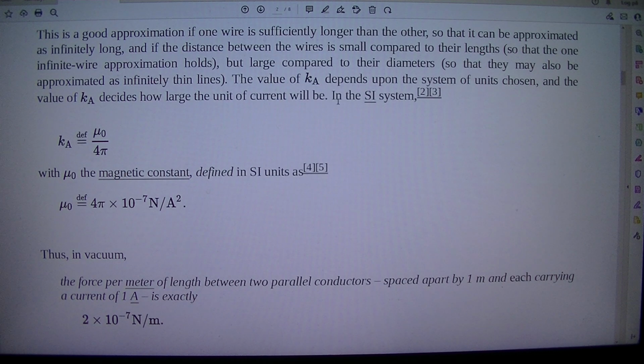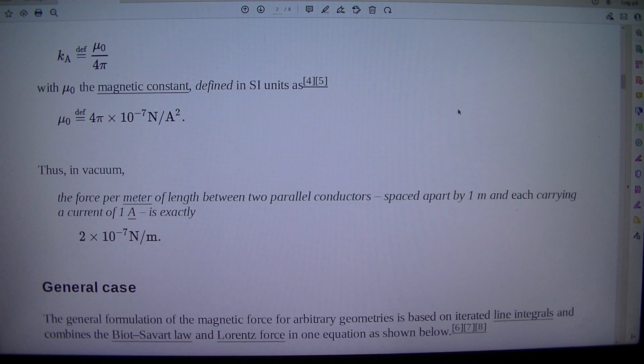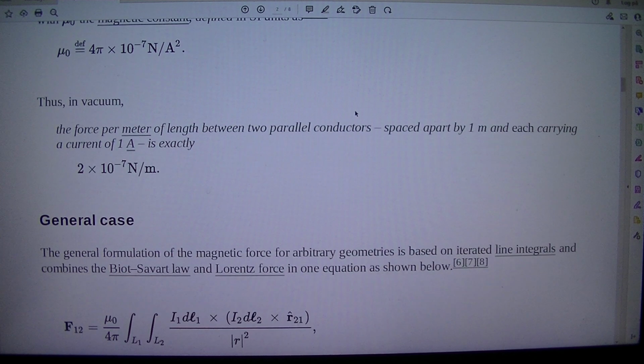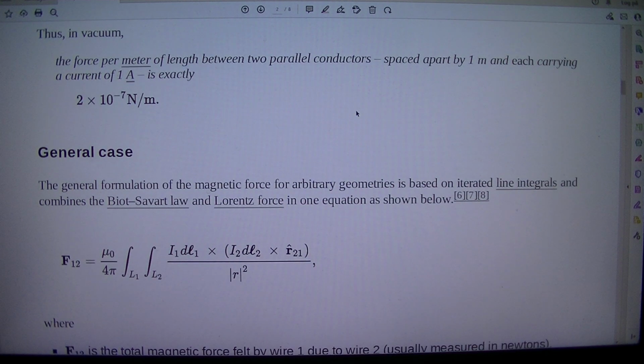The value of k_A depends upon the system of units chosen, and the value of k_A decides how large the unit of current will be. In the SI system, with the magnetic constant defined in SI units as 4π times 10 to the minus 7, in vacuum the force per meter of length between two parallel conductors spaced apart by 1 m and each carrying a current of 1 A is exactly 2 times 10 to the minus 7 newtons.